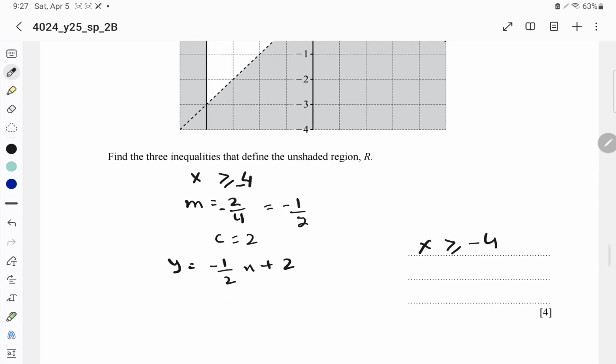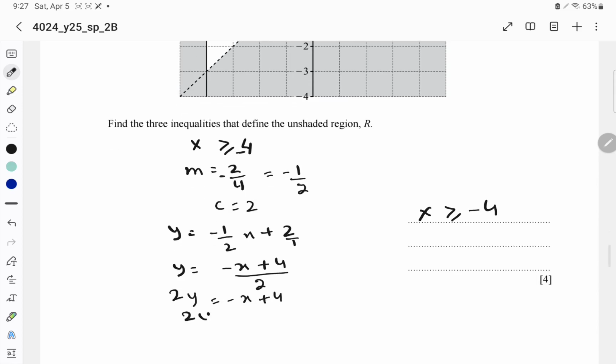This is the equation. So if we write down y is equal to minus x plus 4 upon 2, I took LCM. Then it is 2y is equal to minus x plus 4, and 2y plus x is equal to 4.